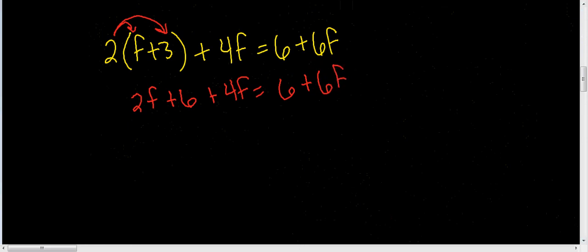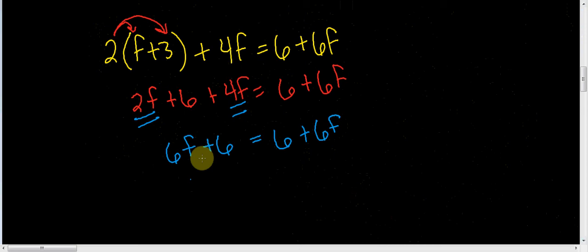Step 2 in our progression. Can we combine like terms? Well, on the left side we have f's that we can combine together, so let's do that. That's 6f plus 6 is equal to 6 plus 6f. Now, at this point, you probably see that the left and the right side are equivalent. They're equal to each other. So the answer should be all real numbers.